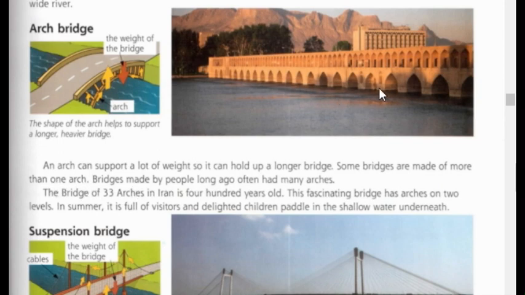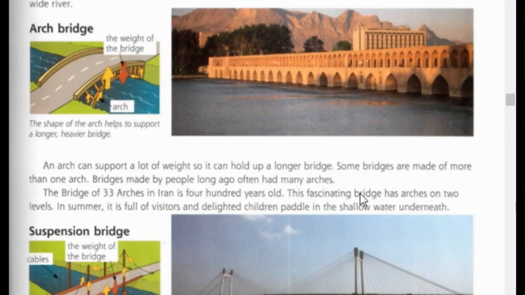Bridges made by people long ago often had many arches. إذا الجسور اللي انعملت بالناس من زمان غالبا كان لها أكثر من arch. The bridge of 33 arches in Iran is 400 years old. إذا الجسر اللي فيه 33 arch، عمره هذا الجسر 400 سنة.